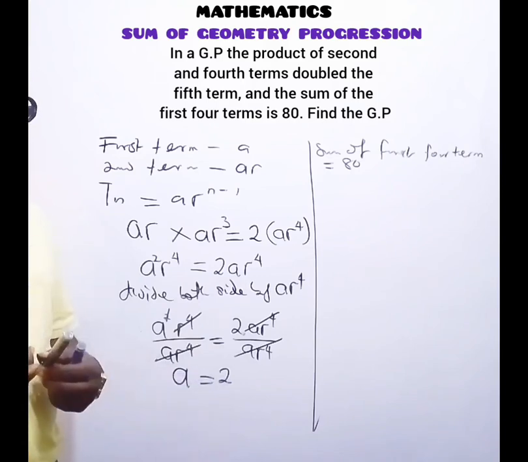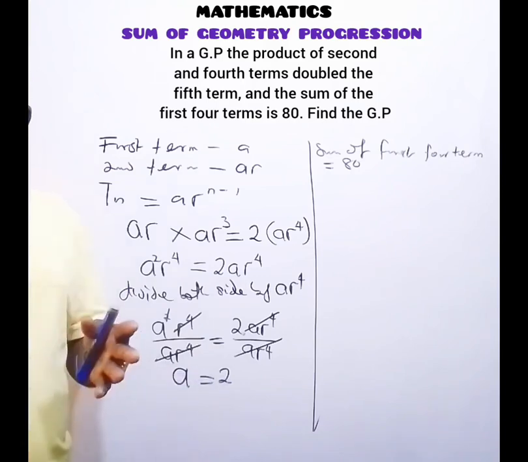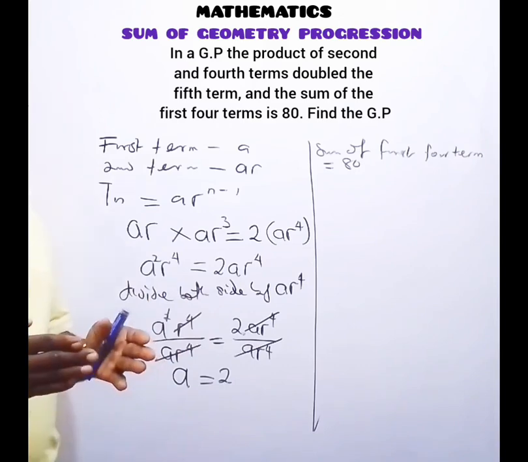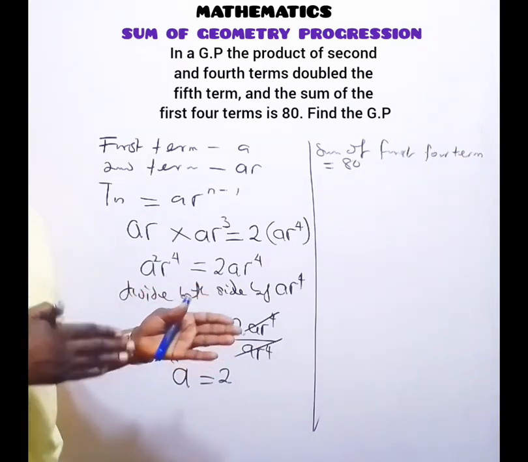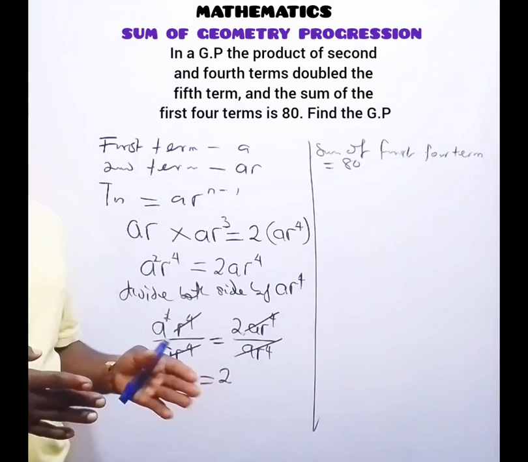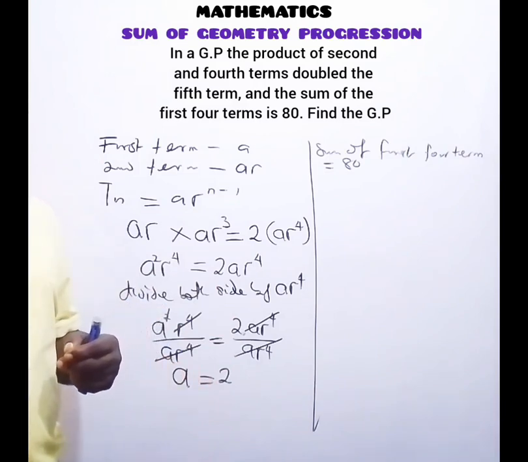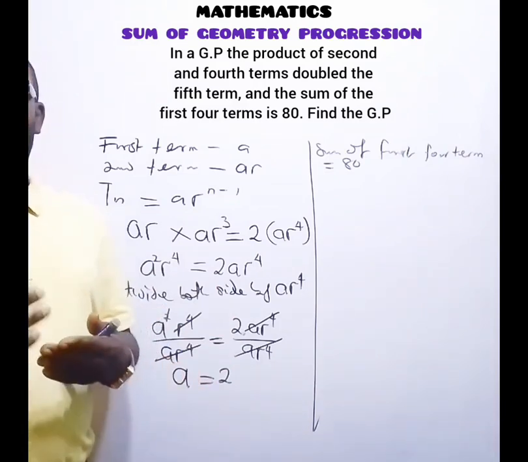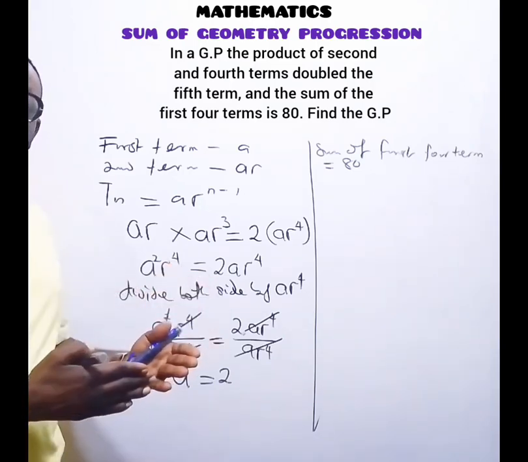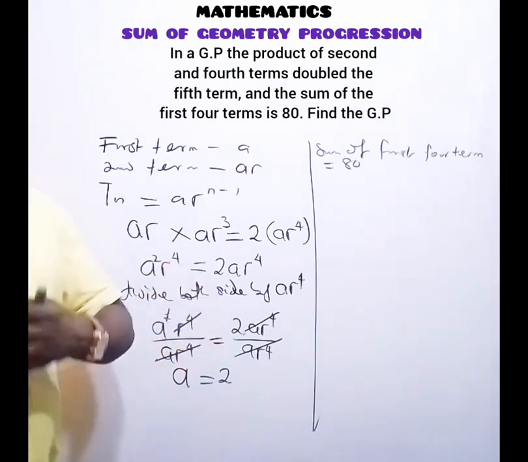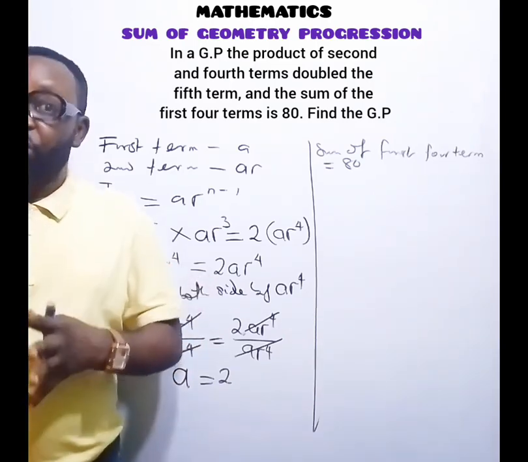Now, don't forget that we have different formulas for finding the sum of the terms of a geometric progression depending on the value of R. When R is greater than 1, we have a formula we make use of, and when R is less than 1, we also have a formula that you can make use of.